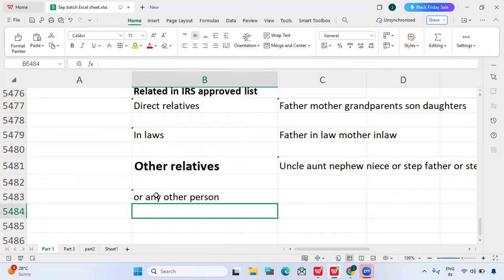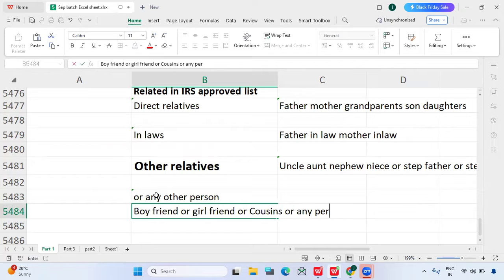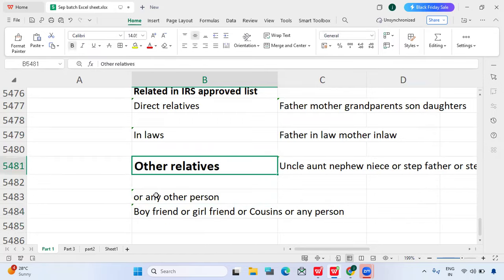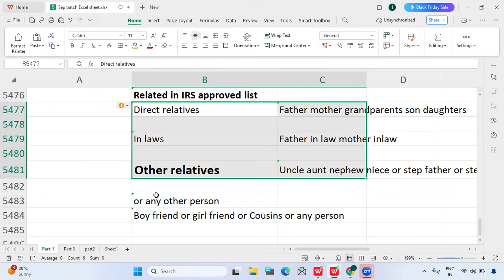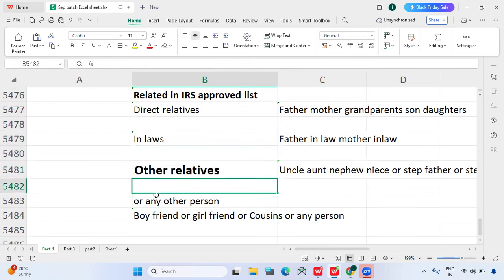In this we can include boyfriend, girlfriend, anyone, or cousins, or any person other than the above list, meaning other than direct relatives, in-laws, or other relatives. If you have any person other than these, they come under the any other person list.